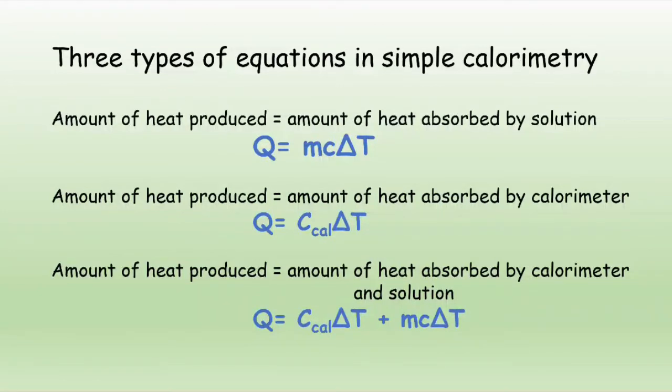The third type of equation is Q = C_cal ΔT + mcΔT. In this case, the amount of heat produced is equal to the amount of heat absorbed separately by the calorimeter and the solution.